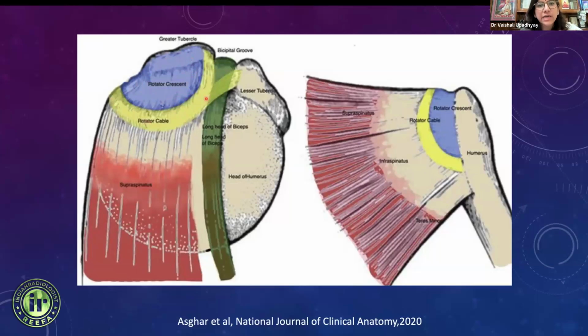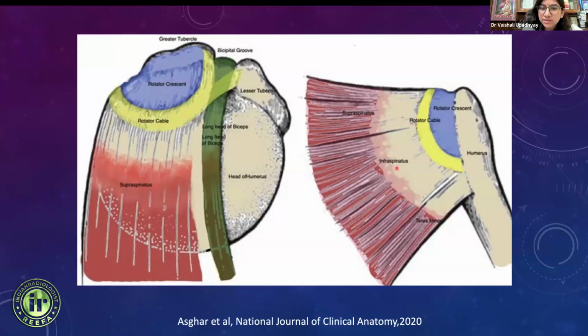So we have the cable, and the distal fibers of the rotator cuff beyond this are the crescent. It was thought that if you have a tear involving the cable and the crescent, and you direct your energies to the cable part and repair the cable, then the crescent would not be so much affected, it would be just fine.